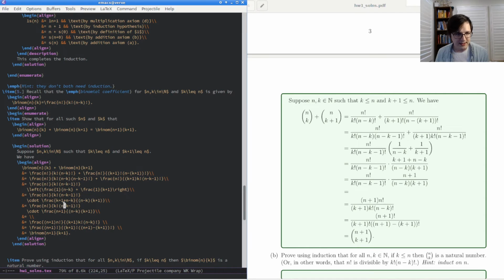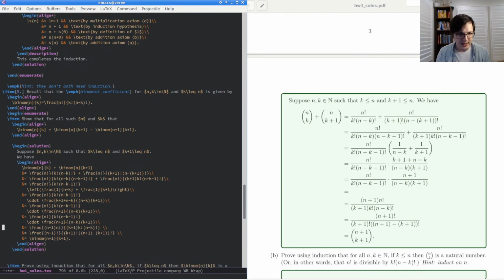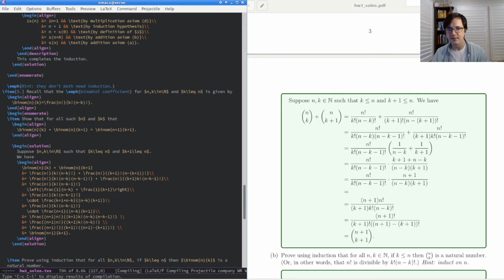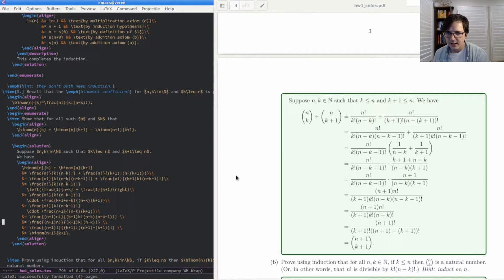So just to make it clear why they're equal, I will combine this all together, partly. Okay, so I recombined the fractions together, and then brought the k plus 1 to the front, and the k factorial, then the n minus k, and then the n minus k minus 1 factorial.